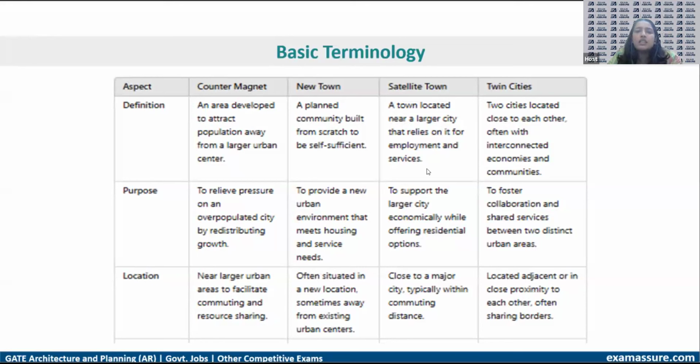And twin cities are located close to each other and have shared infrastructure, but separate administrative setups. So the purpose of counter magnets is to relieve pressure from an overpopulated city and redistribute it somewhere, whereas a satellite town is to support the larger city and create that particular interdependency.